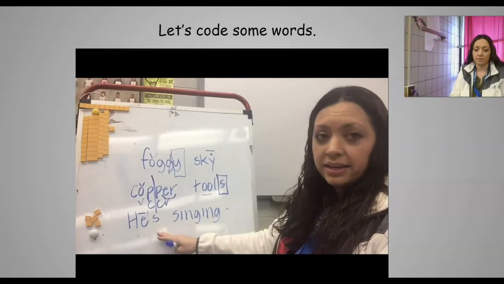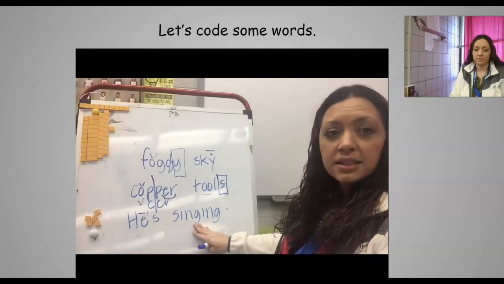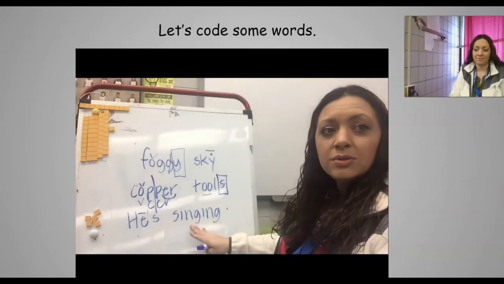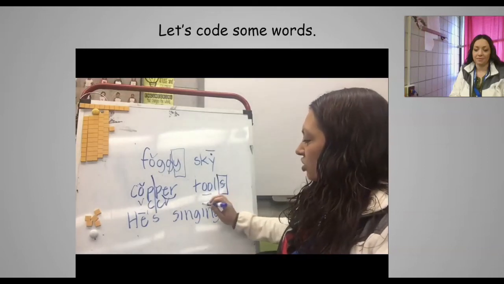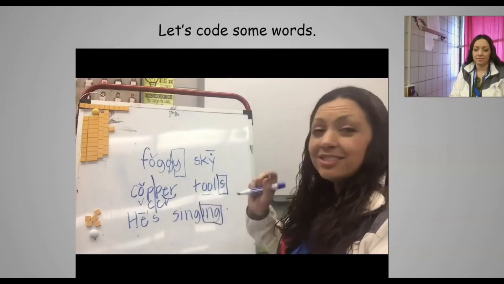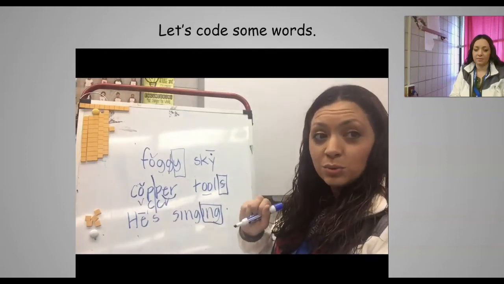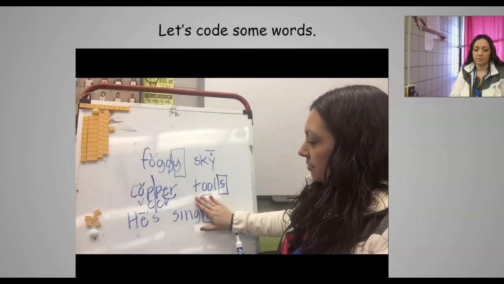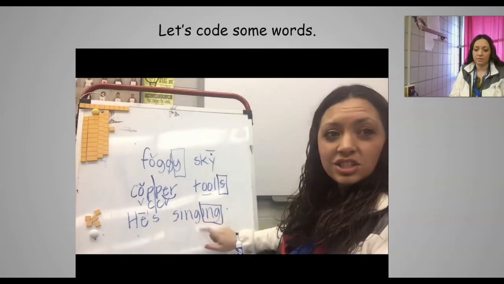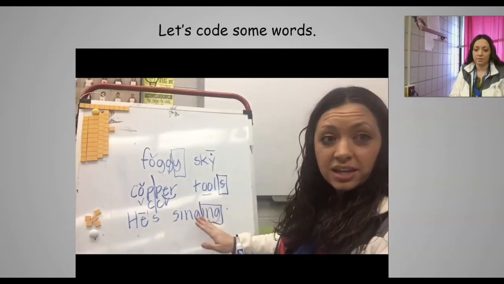So he's, and then let's look at this word. What do you notice about this word? It's got that ing at the end. So I'm going to box it off, but I have to make sure that it has a root word that makes sense by itself. So if I box it off, let's look over here. I've got ing again, but I can't have two suffixes in the same word.